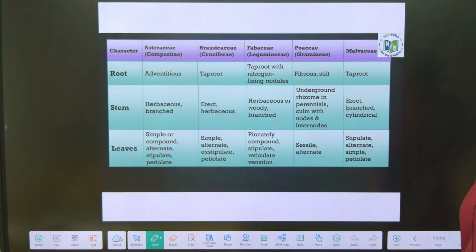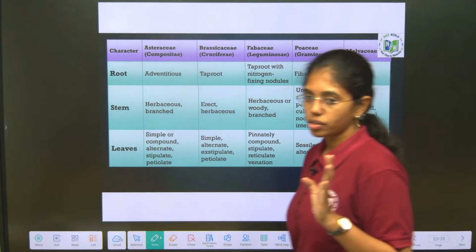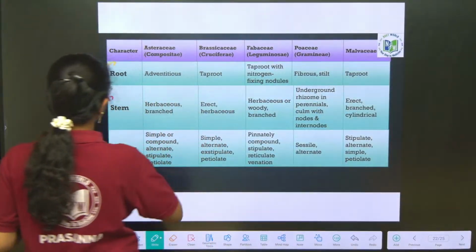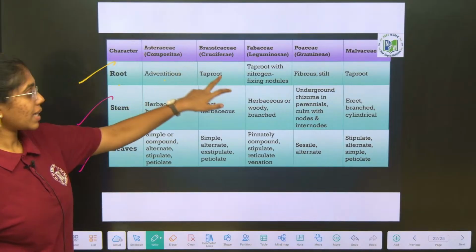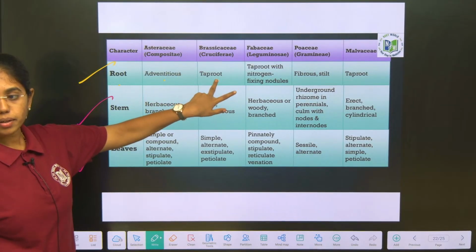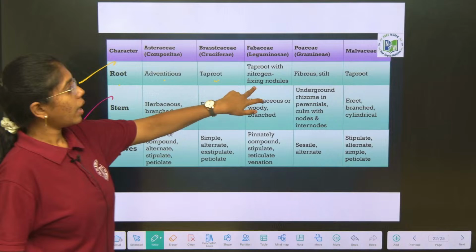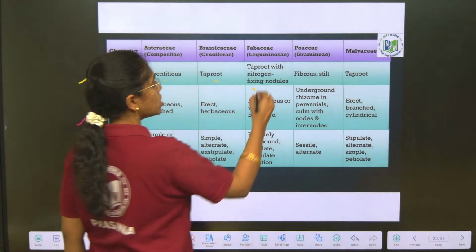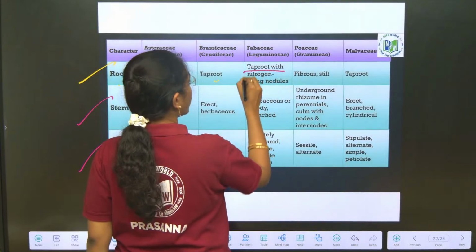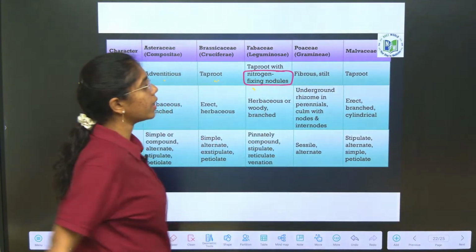Now, comparative analysis. First, vegetative characteristics. Okay, root, stem, leaf. Root in Asteraceae it is adventitious. Brassicaceae, you have to tell me. Taproot. And in Fabaceae, characteristic feature, what is that? Taproot system is associated with nitrogen fixing nodules. What are they?